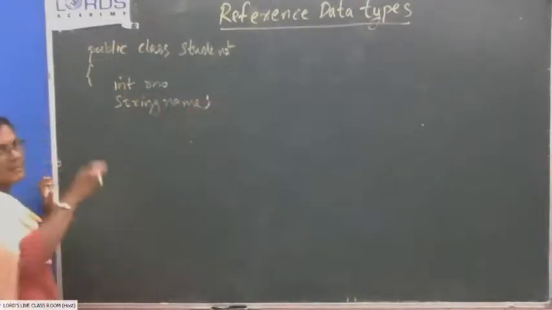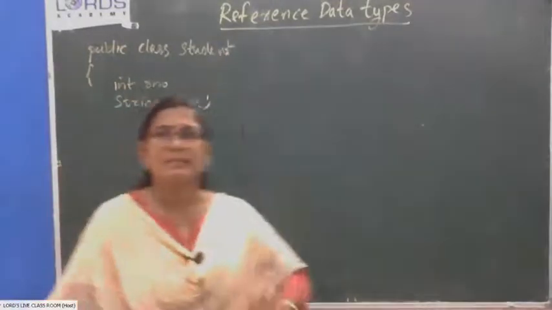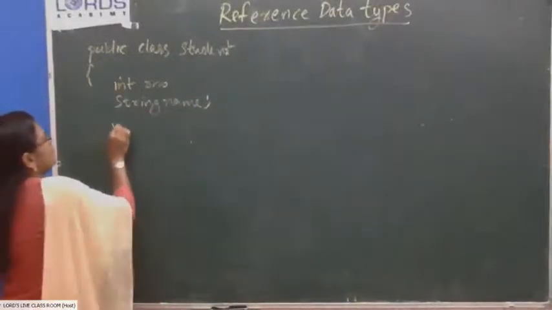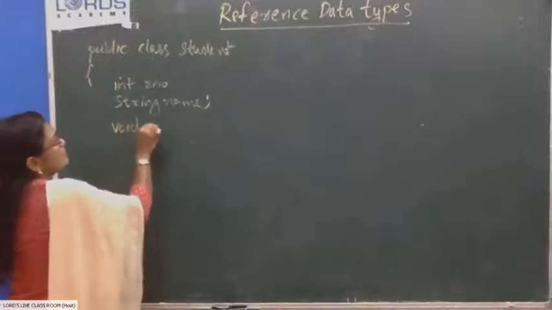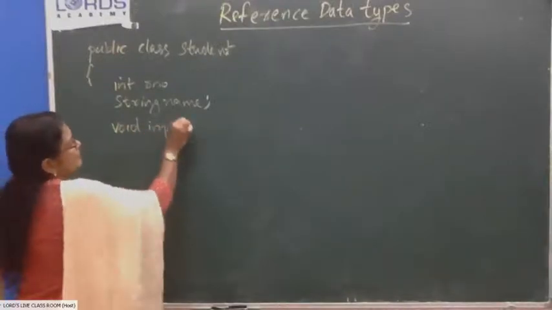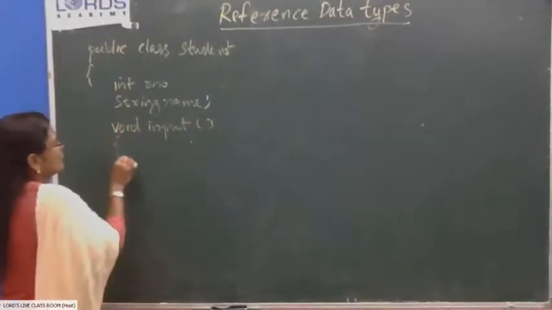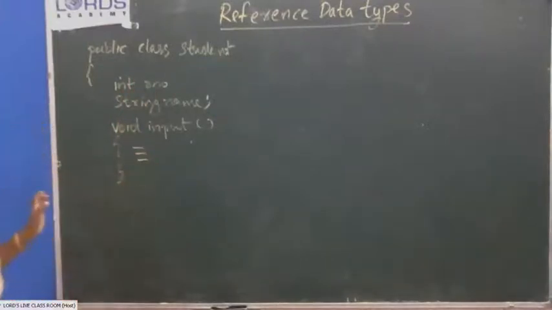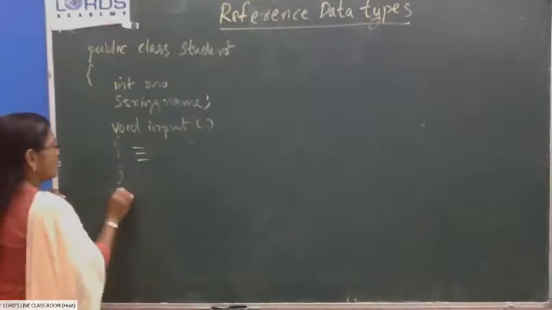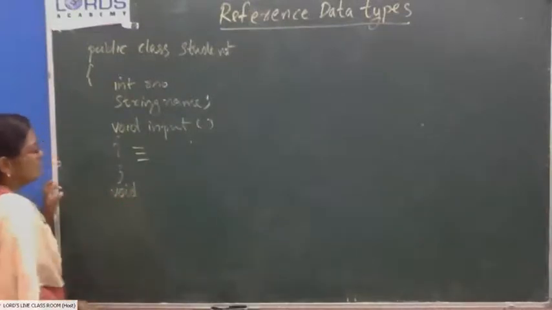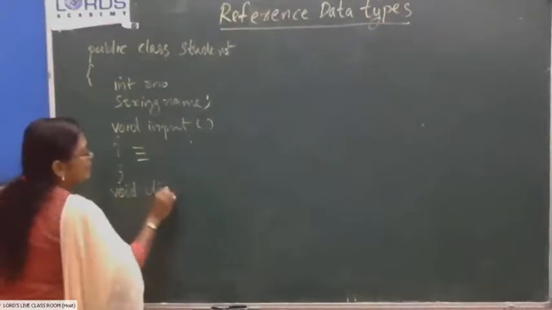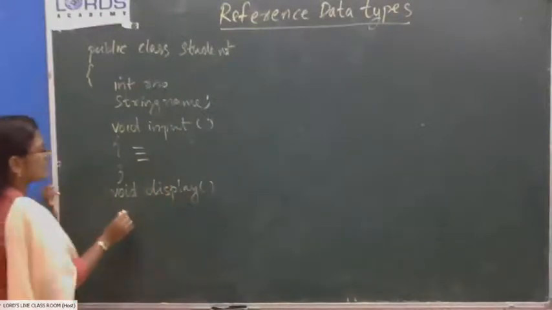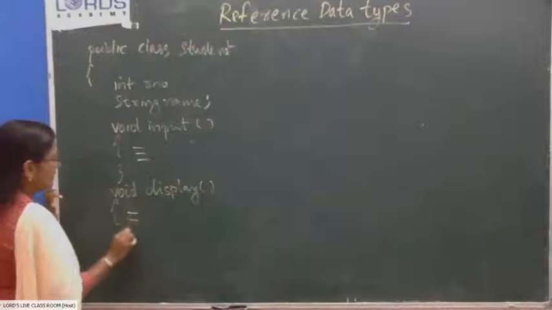There's an instance method called void input, to accept the data for these variables. There is one more method, void display, to display the data of these variables.